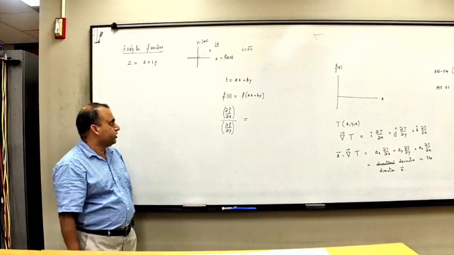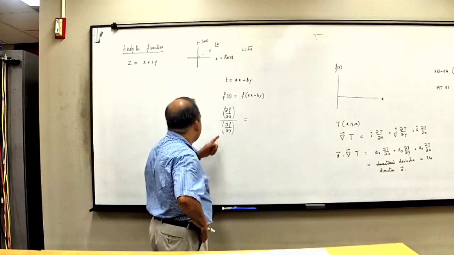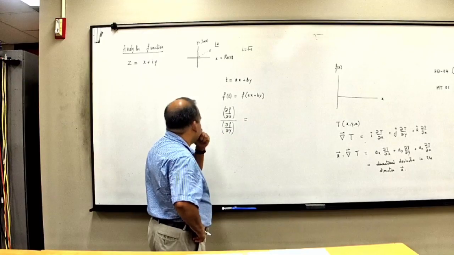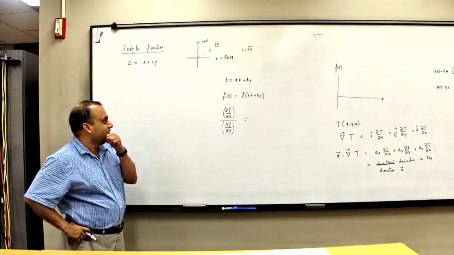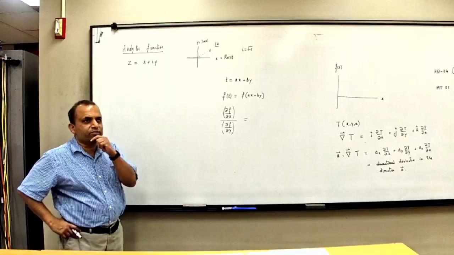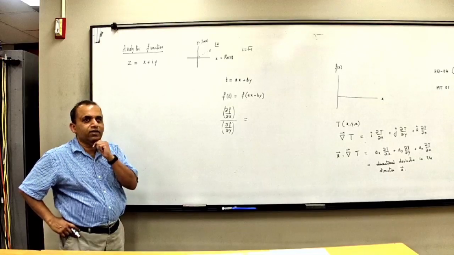Basically, partial y with respect to x, no? No, okay. That will be 0, right? Because x and y are independent.